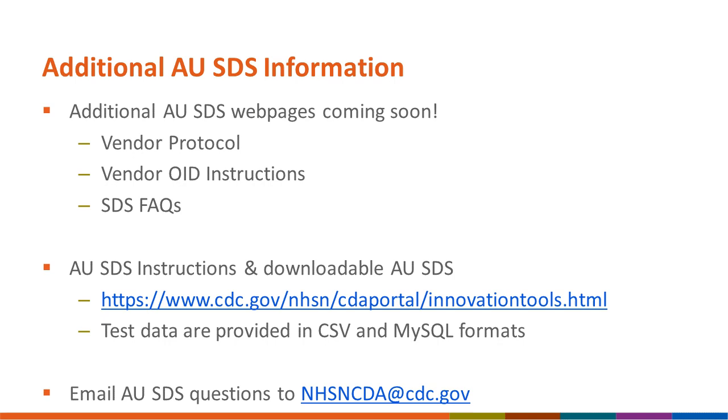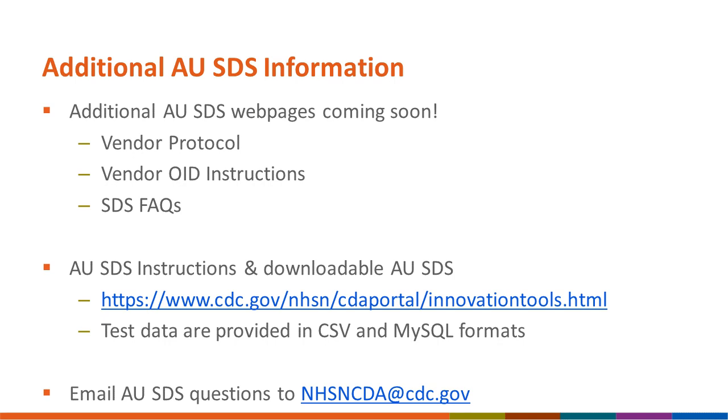So I know this is a lot of information. Please note that we are working to get this information, which was presented today and also included in the September 11th email, up on the web. This includes the vendor protocol, instructions for obtaining a vendor OID, as well as frequently asked questions specific to AU SDS validation.